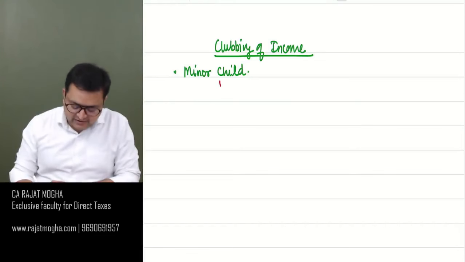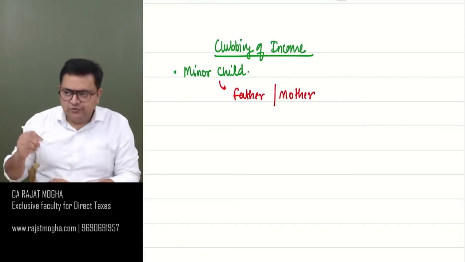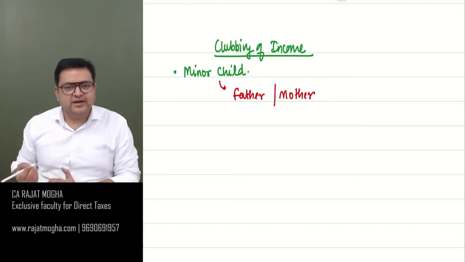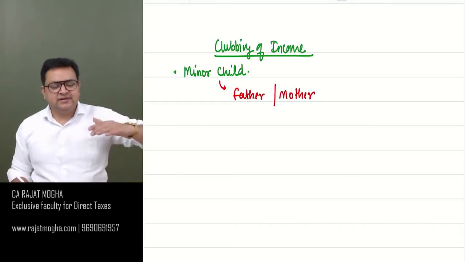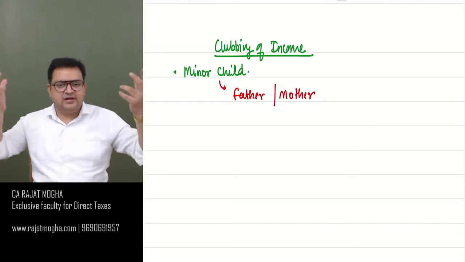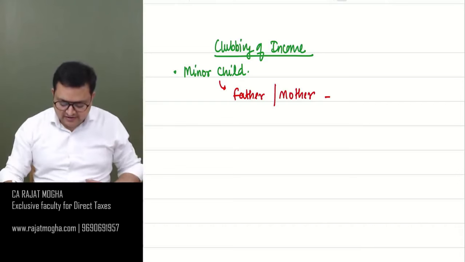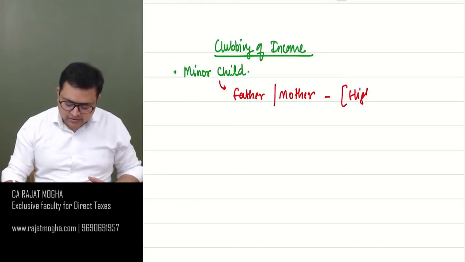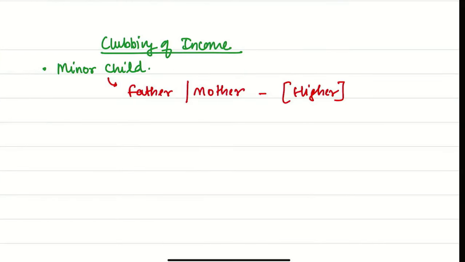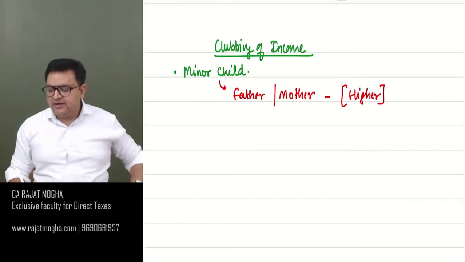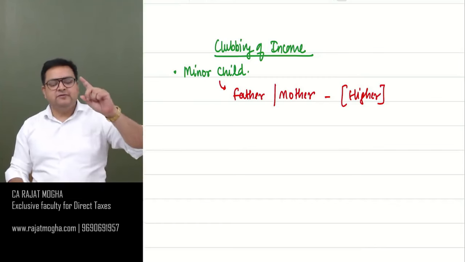So minor child income would be clubbed either in the hands of father or in the hands of mother, whose income is higher. Whosoever income is higher, we will club it with that parent. So before such clubbing, we will see whether father is earning more or mother is earning more. We only see this the first time.